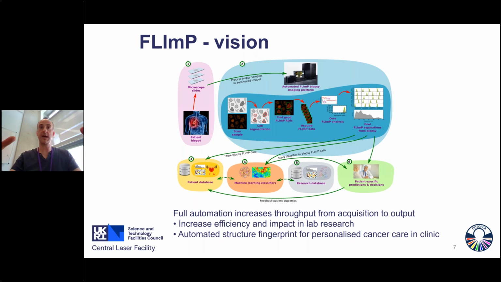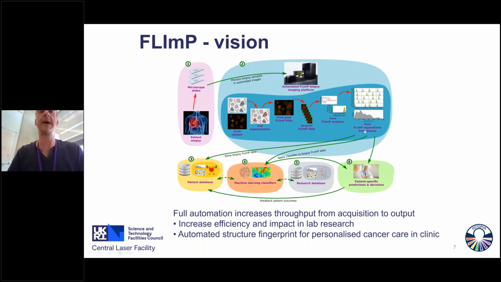So that was the vision we had, and we got funding from STFC from a particular funding round for the translation and commercialization of techniques in areas such as healthcare. And so we got money to fund essentially an automation project to do that.